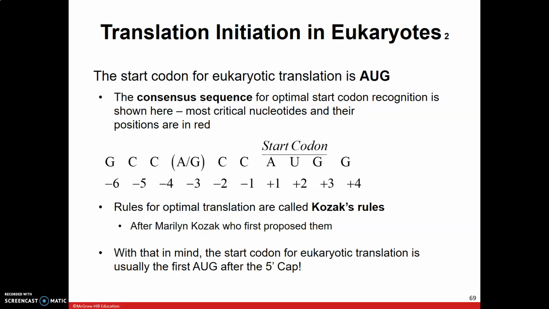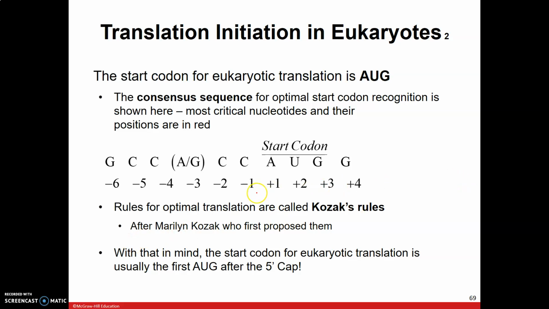So the start codon is always going to be, in eukaryotes and prokaryotes, the AUG, and we've talked about this a little bit. This AUG is what we call a consensus sequence. Basically, it's almost consistently the start in almost every case. There are a few modifications, but don't worry about that.